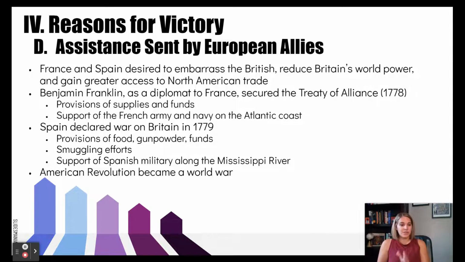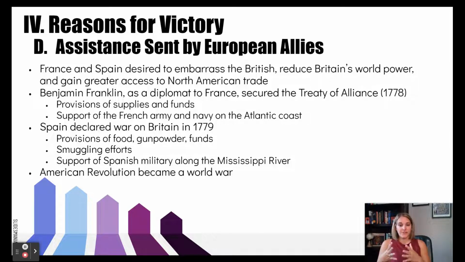So Benjamin Franklin plays a really important role in securing the Treaty of Alliance with France, also known as the Franco-American Alliance. This secured supplies and funds, and really important was the Navy along the Atlantic coast. Spain will declare war on Britain shortly after this Treaty of Alliance.